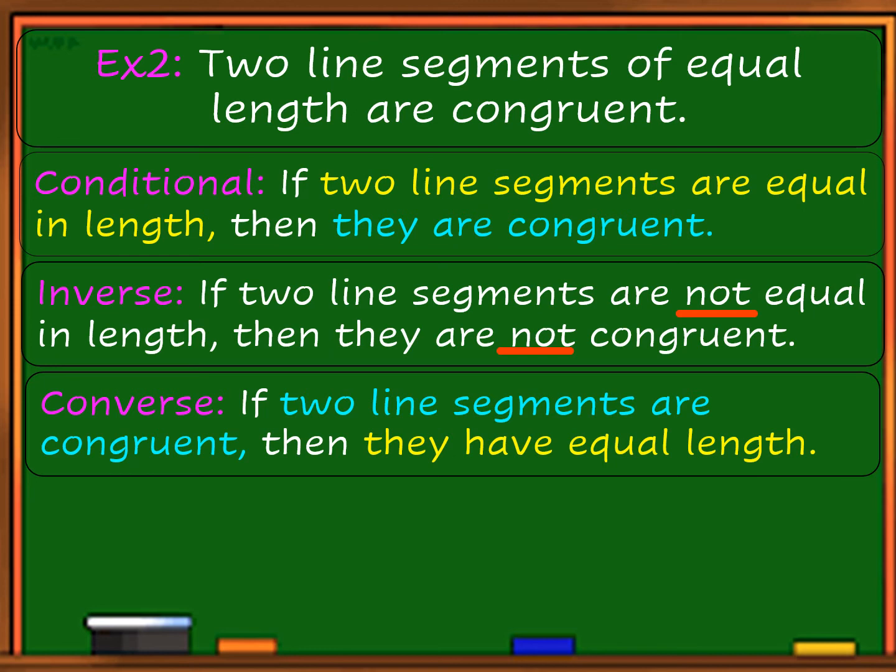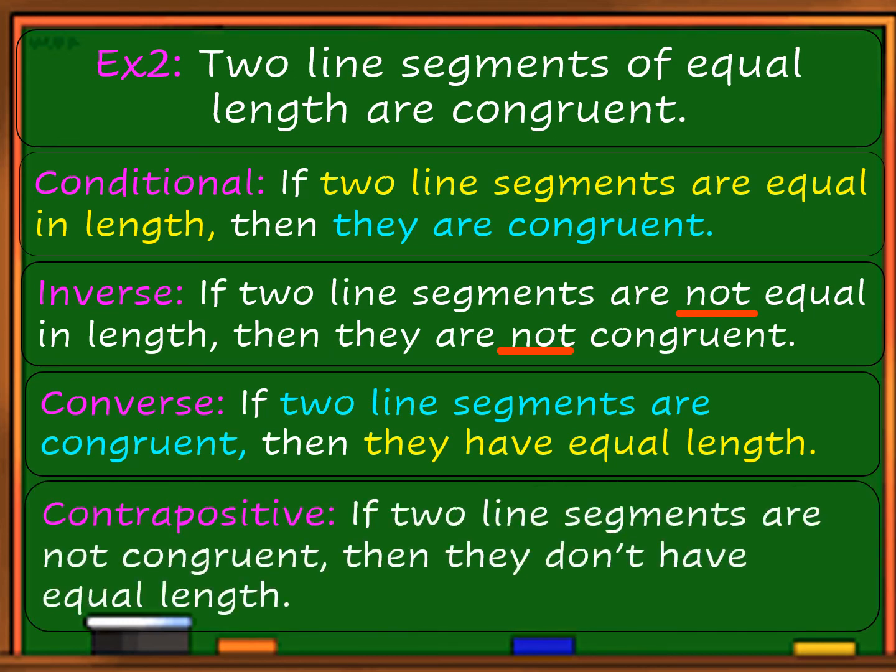The contrapositive statement, on the other hand, can be taken from the converse statement. Just get the negative statement of the converse and write it as, if 2 line segments are not congruent, then they don't have equal length. Again, the word not and don't make our converse statement negative.